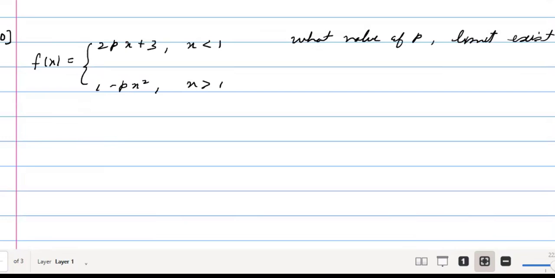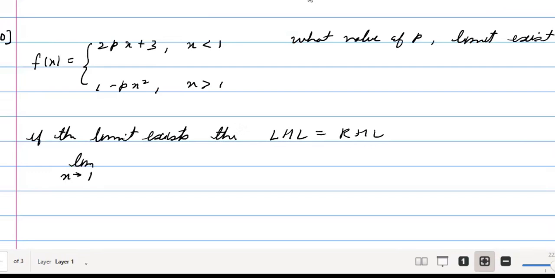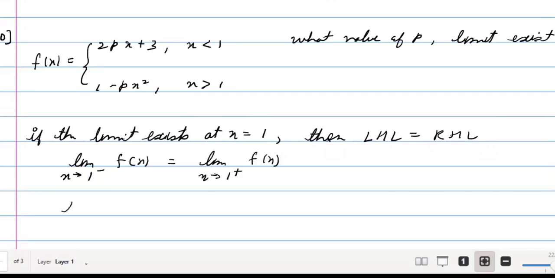So that means if the limit needs to exist, what value should p take? So the left hand limit, when x is taking values less than 1, that is 2px plus 3, is equal to the right hand, that is 1 minus px squared.